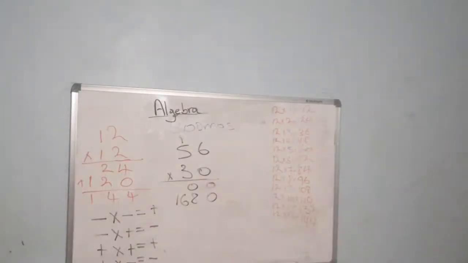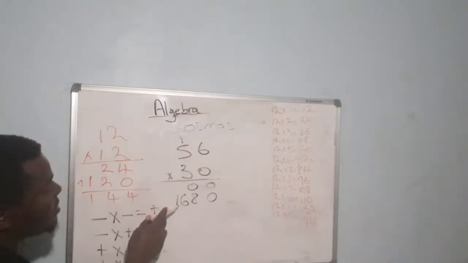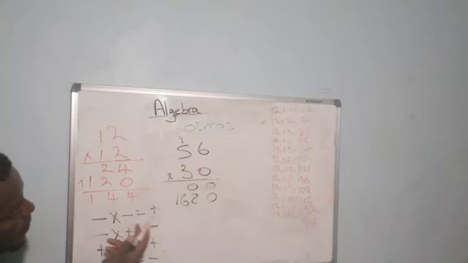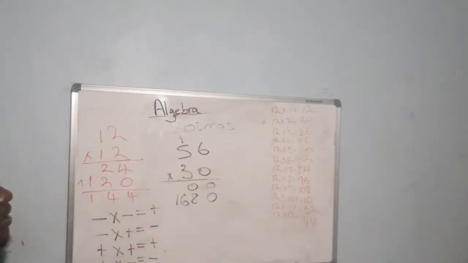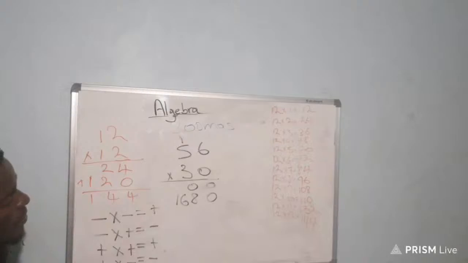Now that you don't have anywhere to place the 1 and to let the 6 remain, then you have to put down the entire 16. So we arrive at 1680. Alright?